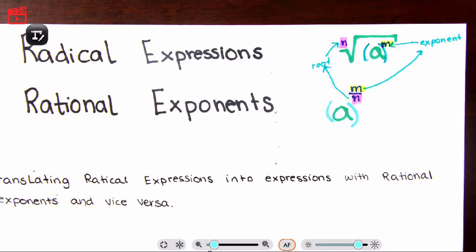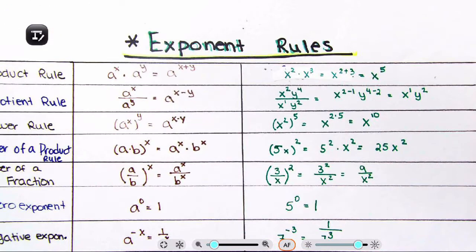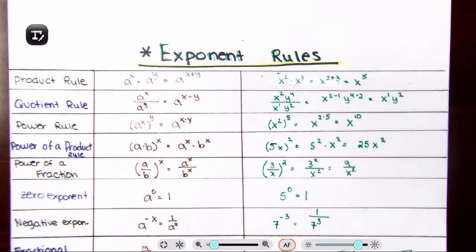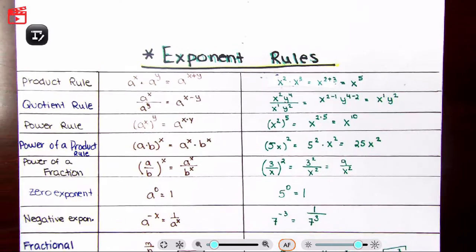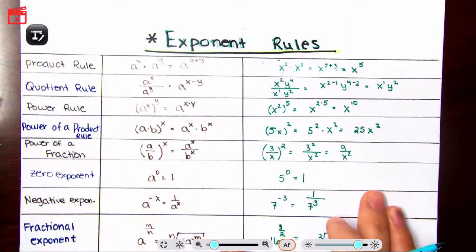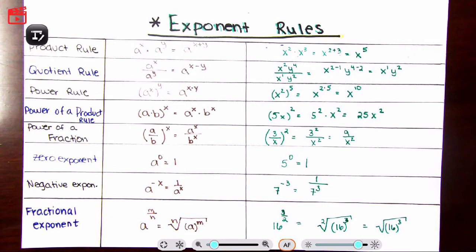Before I actually do these examples with you, I'm going to zoom this out and show you the rules for exponents. These rules are going to come in handy when you're simplifying expressions, especially radical expressions. When you're dealing with radical expressions, you're always going to convert them to rational exponents. It's so much easier to deal with radical expressions when you can convert those to fractions in your exponent.